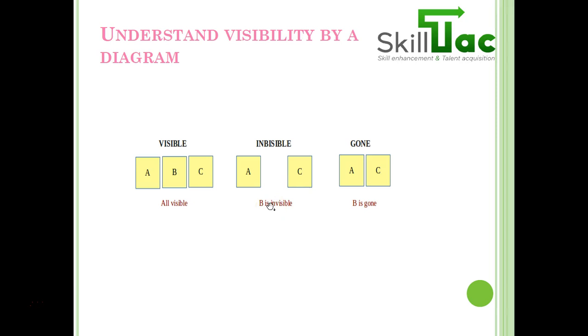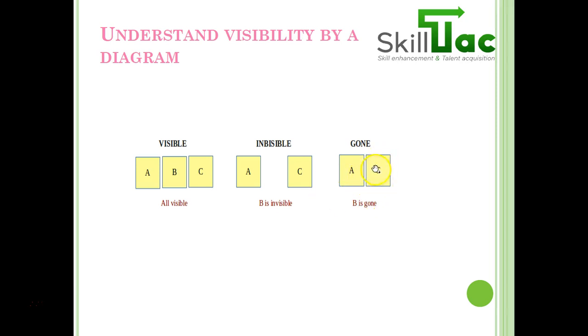It is invisible, but it still occupies some space. This means that the invisible view is still there because it is occupying its space. It is not completely deleted or omitted from the code.